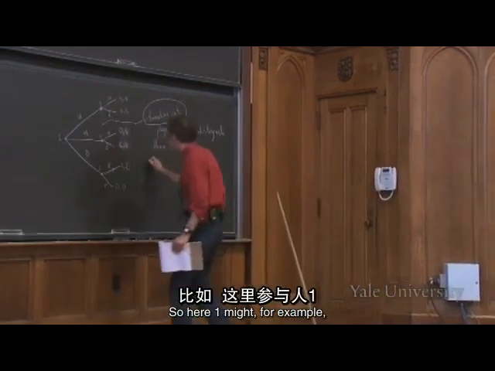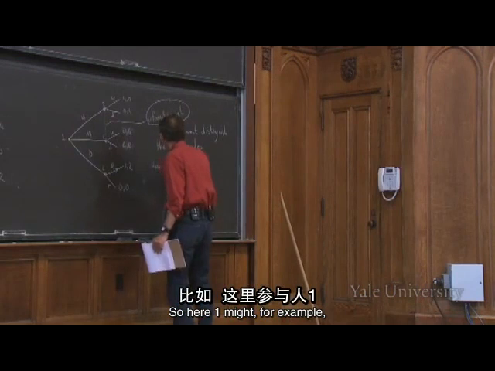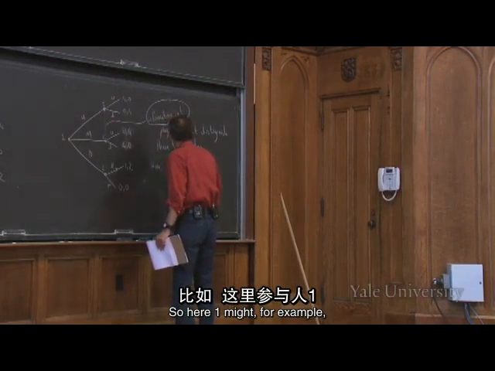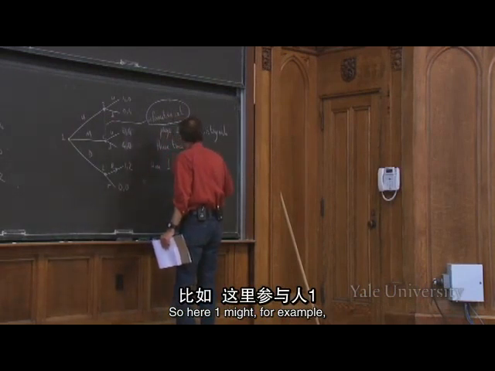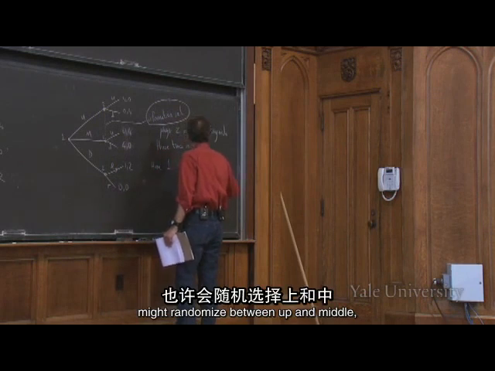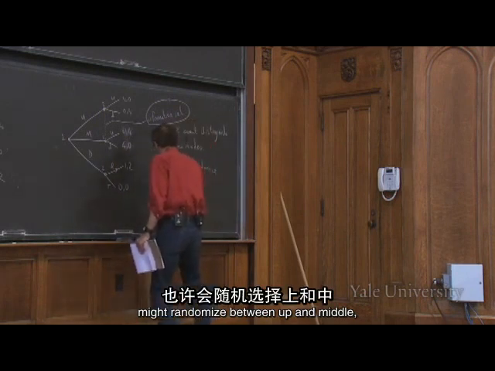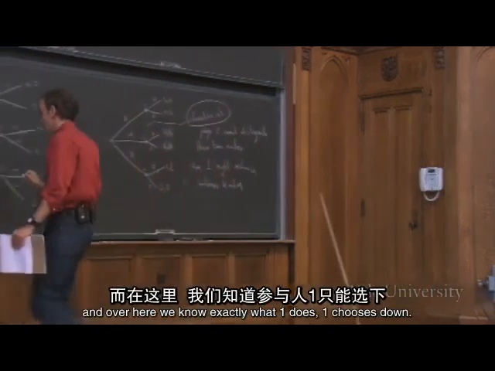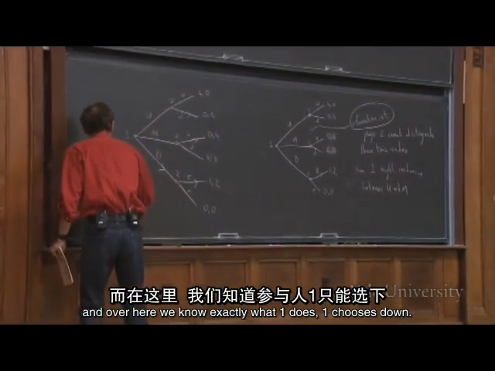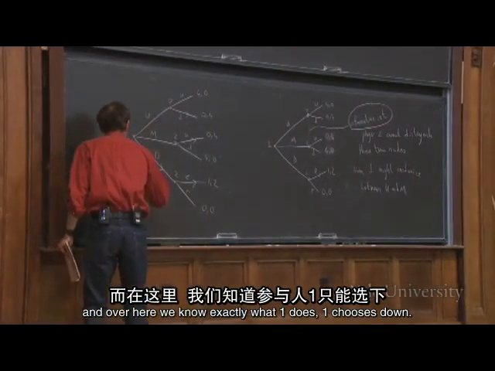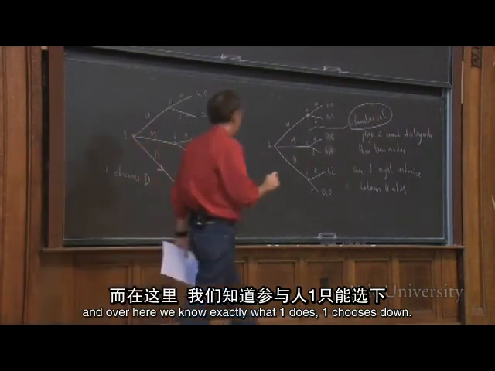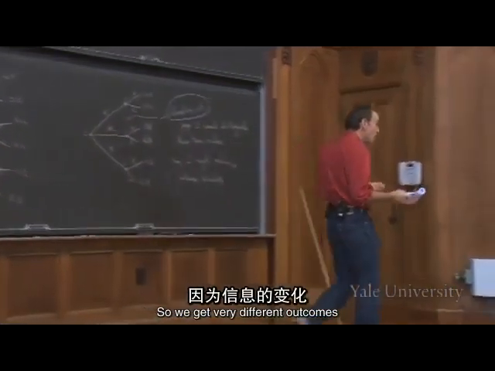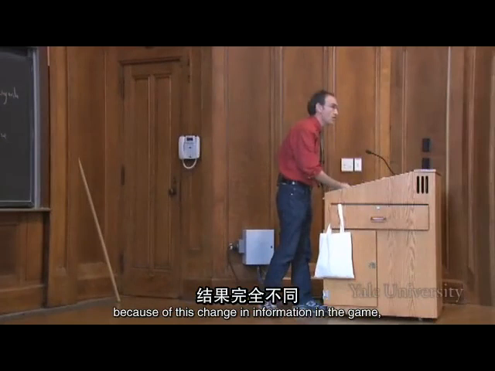So here 1 might randomize between up and middle. And over here we know exactly what 1 does: 1 chooses down. So we get very different outcomes because of this change in information in the game.